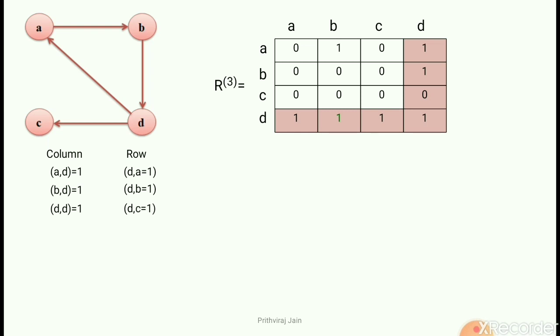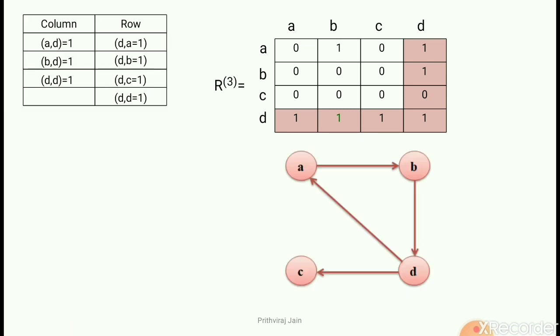Now for all these column and row wise values, we have to find the combinations, and we'll get other values. That means we will get other paths. Again we have one more value, d comma d is equal to 1. So now we'll find the combinations.